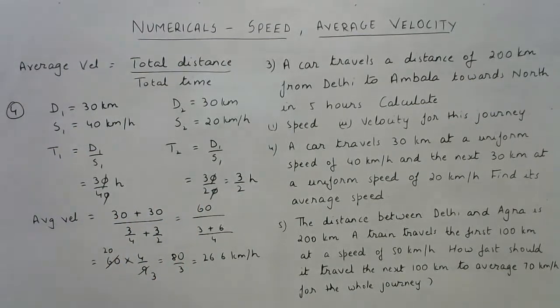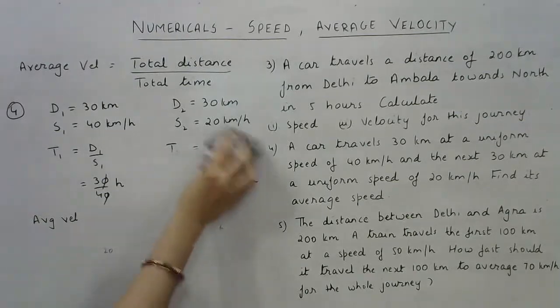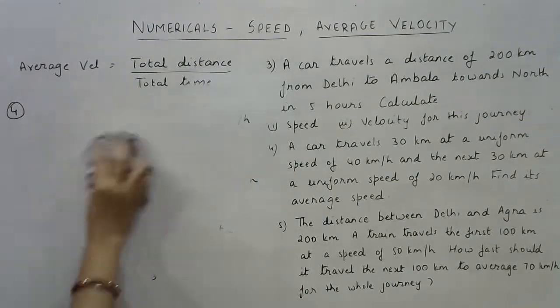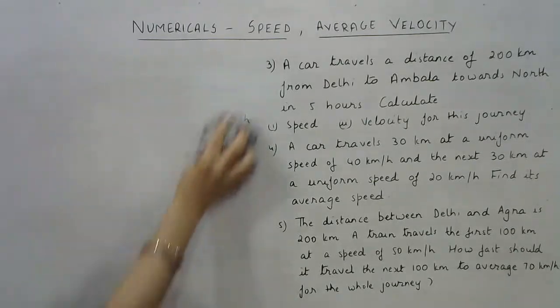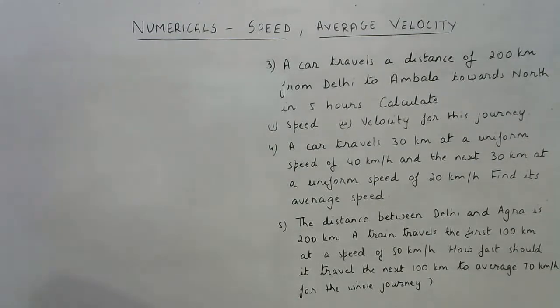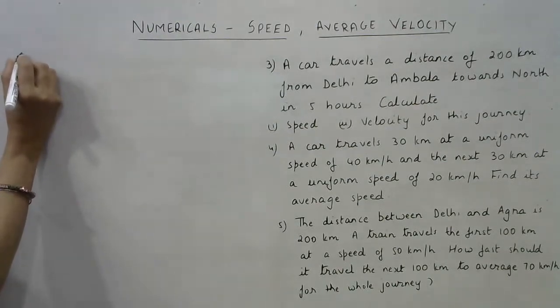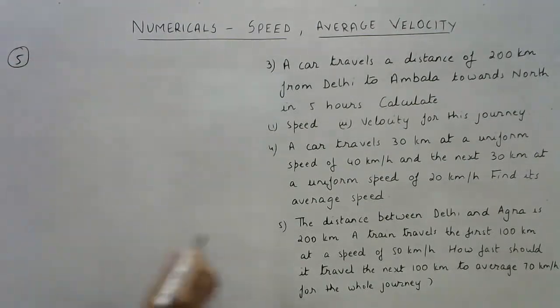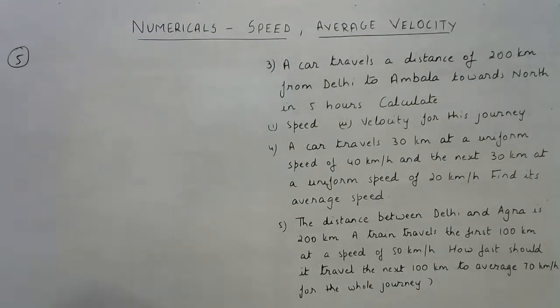Now taking up the last question, that is question number 5. I hope you people have copied this down. Now I'm rubbing the formula from here because I expect you to remember the formula now. Now this is our question number 5. Distance between Delhi and Agra is 200 kilometers. So this is the total distance given. A train travels the first 100 kilometers at a speed of 50 kilometers per hour.